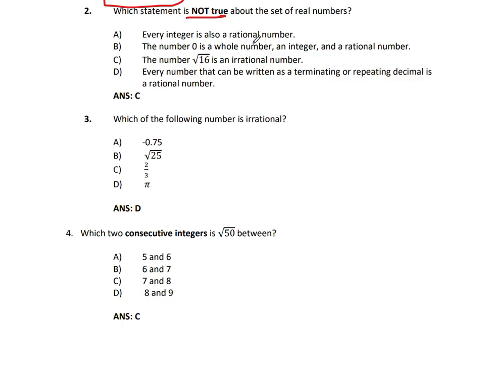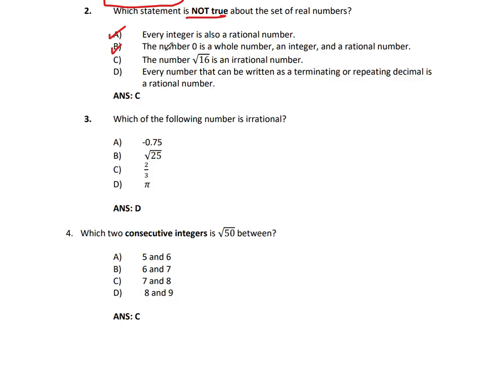A number like 4, which is a real number, can be expressed in the form 4 over 1, which is a fractional form, which makes it a rational number. Every integer can be expressed in the form of a rational number. So this is true.